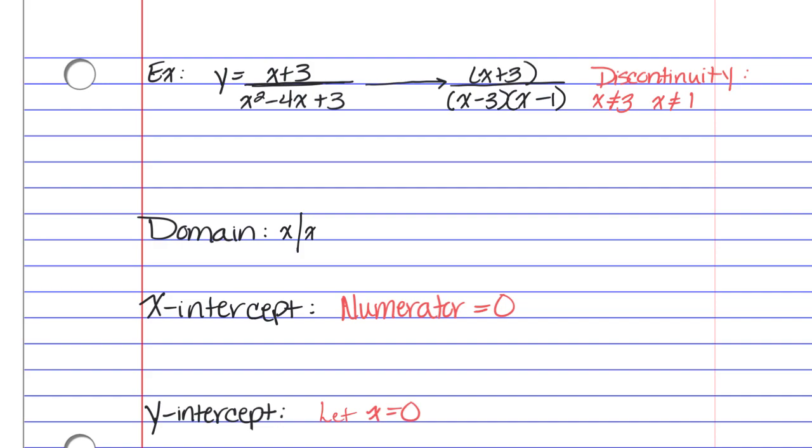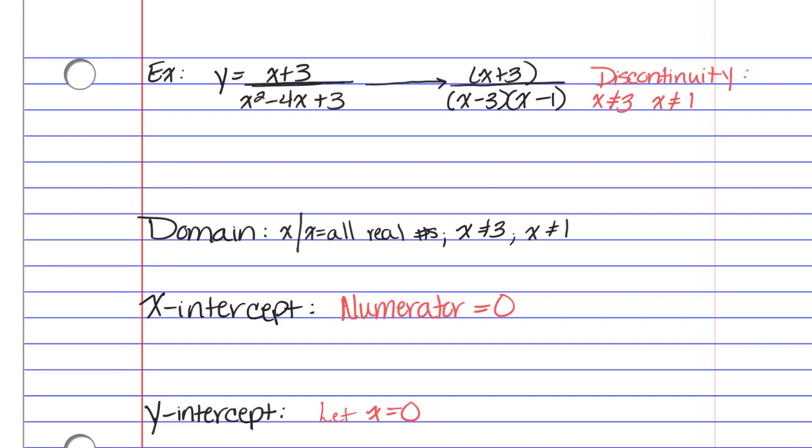My domain is all real numbers, with the exception that x cannot equal 3 and x cannot equal 1. And they are non-removable, so they're also going to create vertical asymptotes later on.